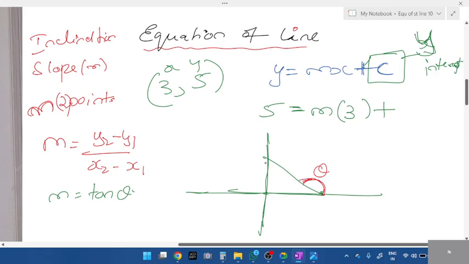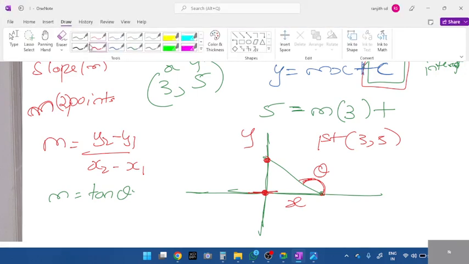This angle is theta. Here is the x-axis and y-axis. From this, I mark 3, 5. 3, 5 will be somewhere in the first quadrant. This c intercept is nothing but the height. Look at the height. C intercept is the height, students.